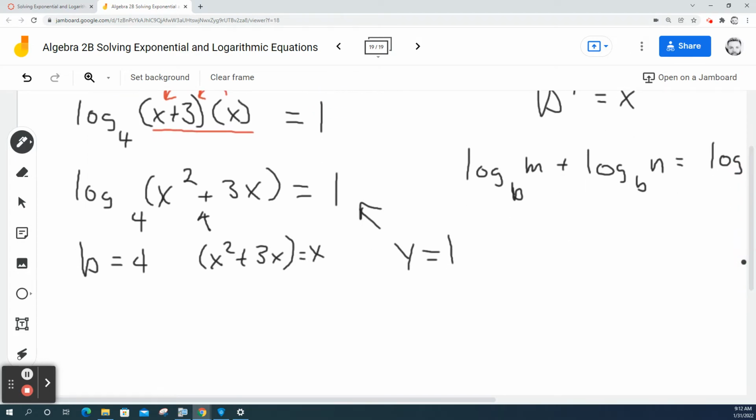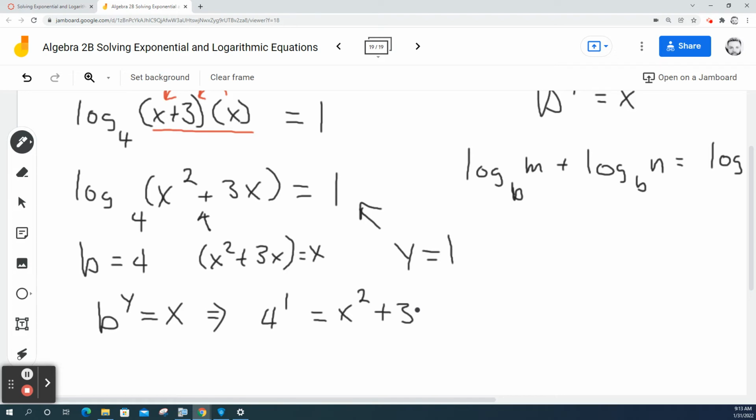Now I need to write this as b to the y equals x. So it would be 4 to the 1 is equal to x squared plus 3x.